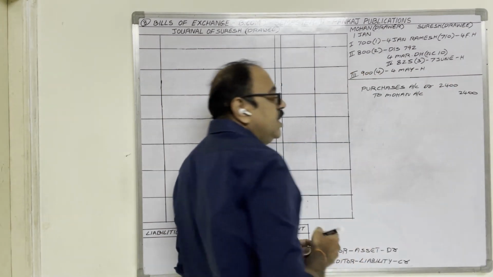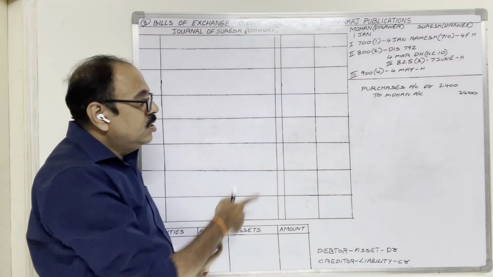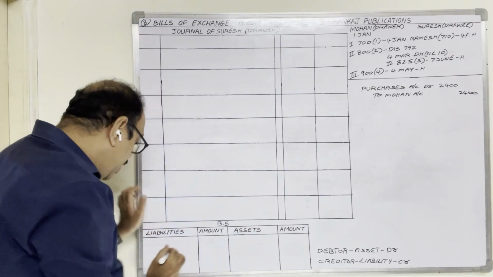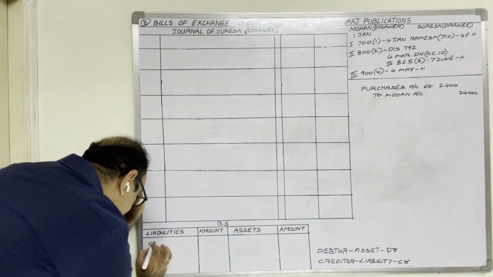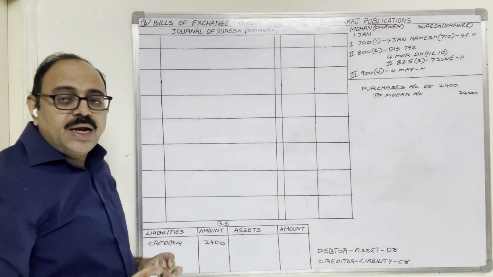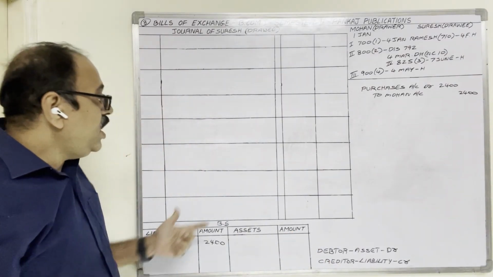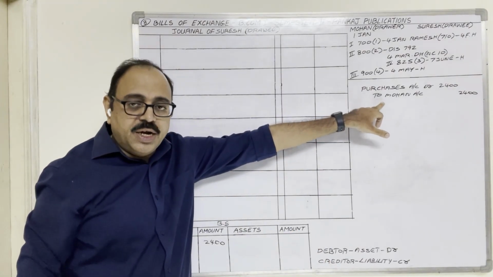2400. As per this entry, in Suresh balance sheet, Mohan is appearing as creditor. Mohan is a creditor for 2400. So creditor is a liability. Liability shows a credit balance. That is why in entry Mohan account is credited.